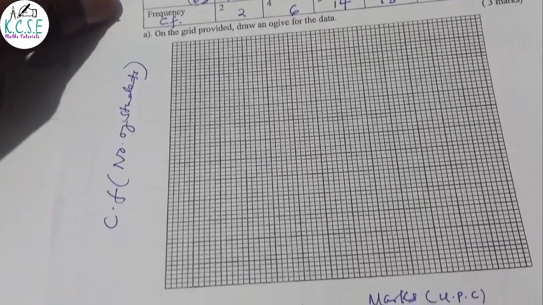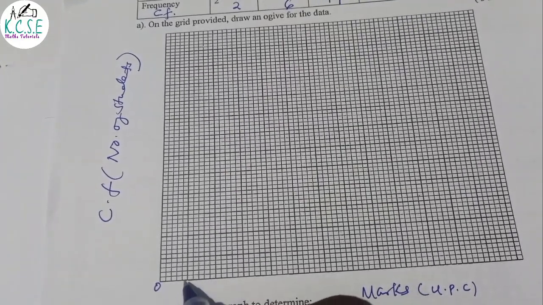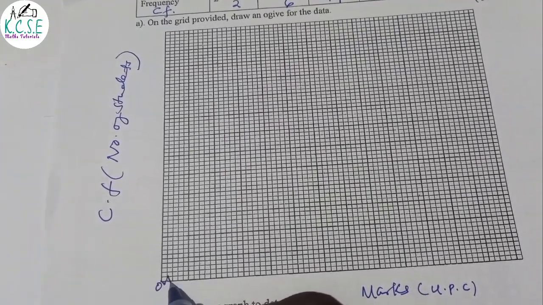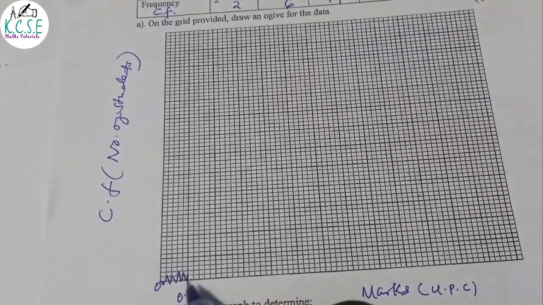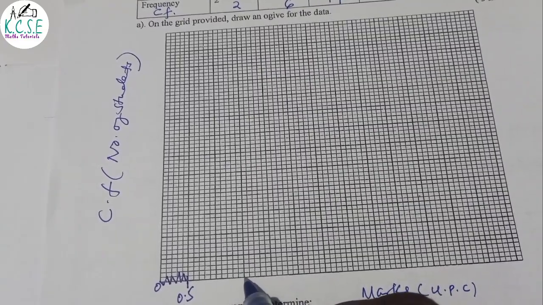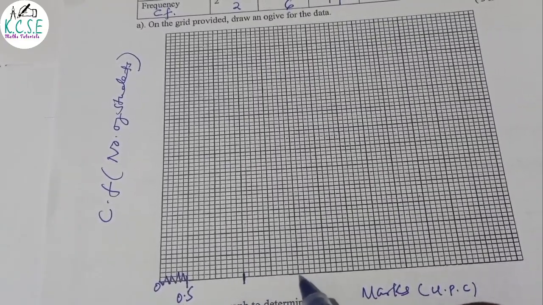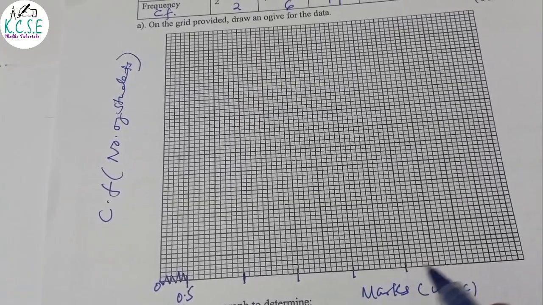So let me go to the graph. I'll have 0 here. I will break this scale here, since the part where I will start with 0.5 will not be uniform with the others. So from here I can go on after every 2 centimeters.